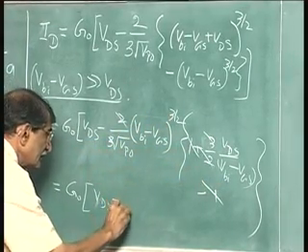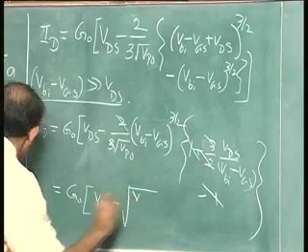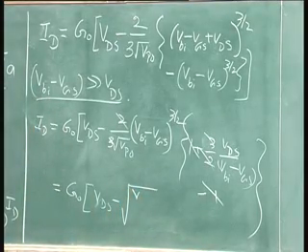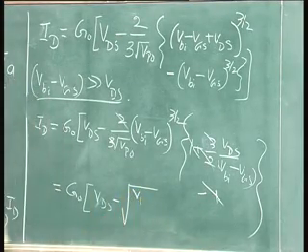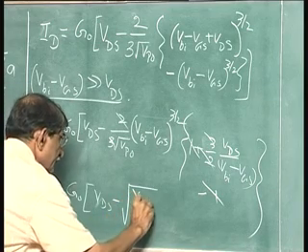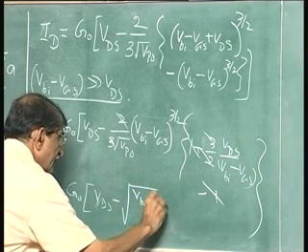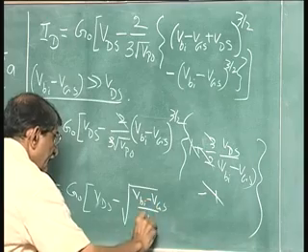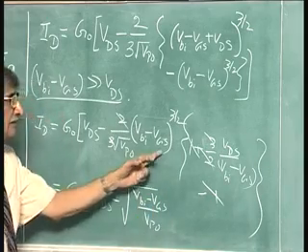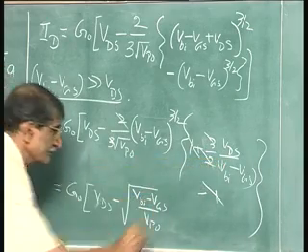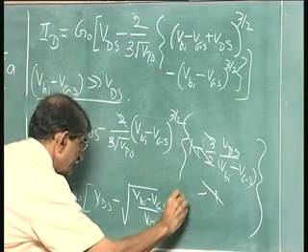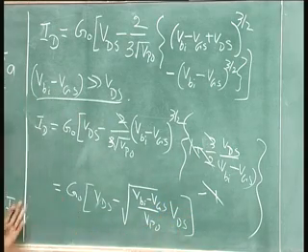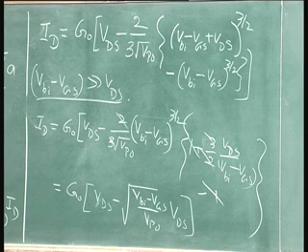I will get (V_bi minus V_gs) divided by V_p0 into V_ds. That is what we have got there.